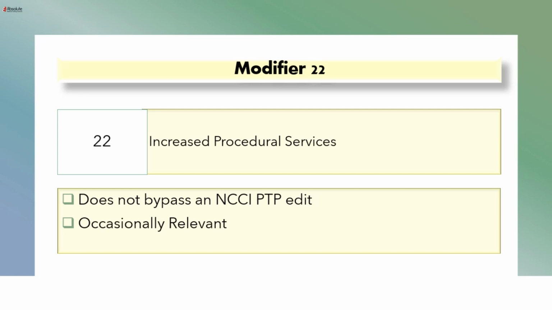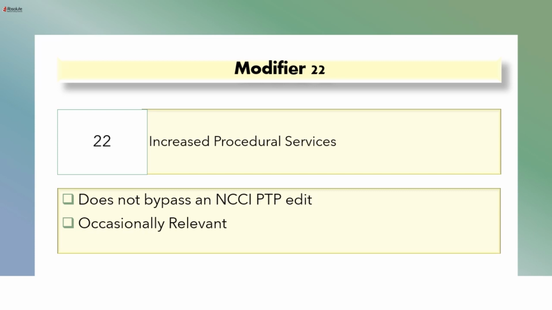So when two procedures are performed by a provider that should not be reported together based on the NCCI procedure to procedure edit, if an edit is allowed, then an associated procedure to procedure modifier can bypass that edit. Only if the clinical circumstances justify the use of that modifier, then both services can be reported with the modifier, of course, to bypass it.